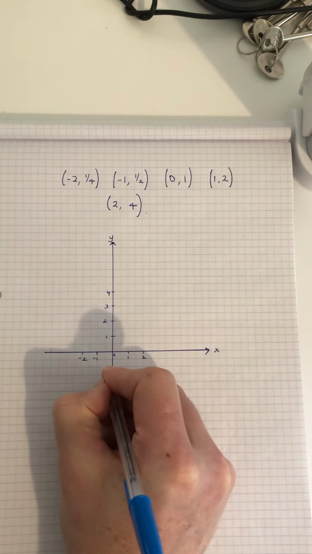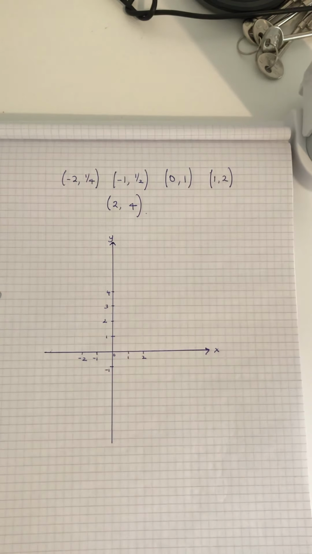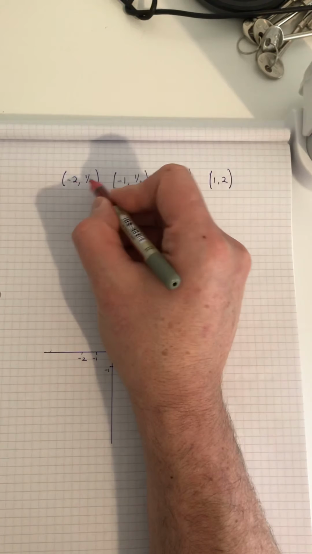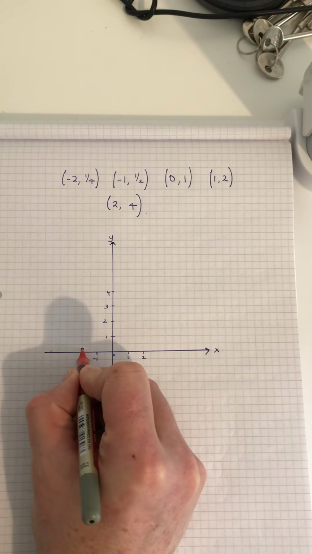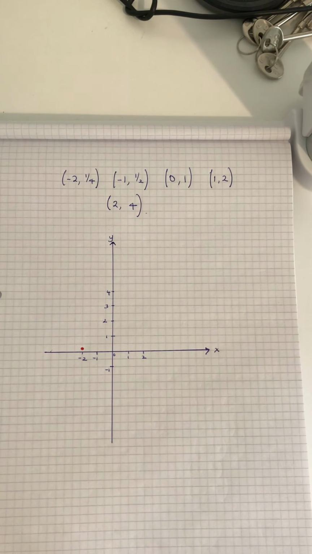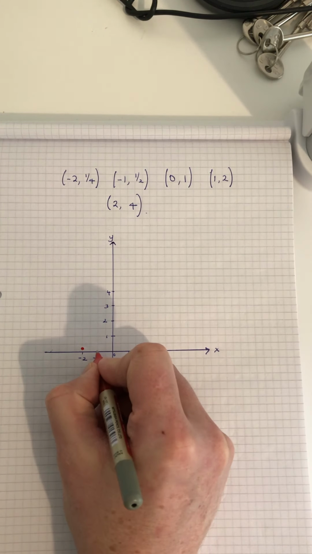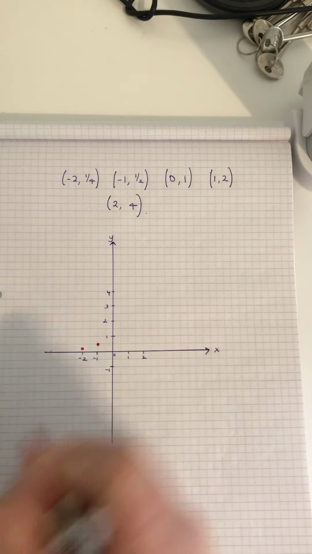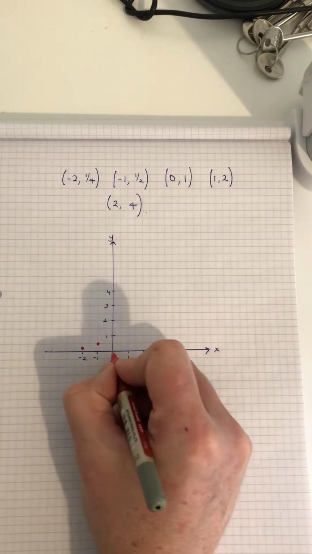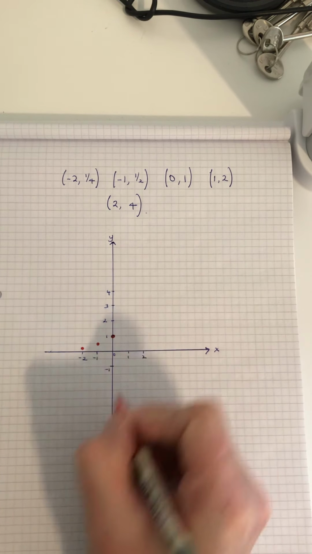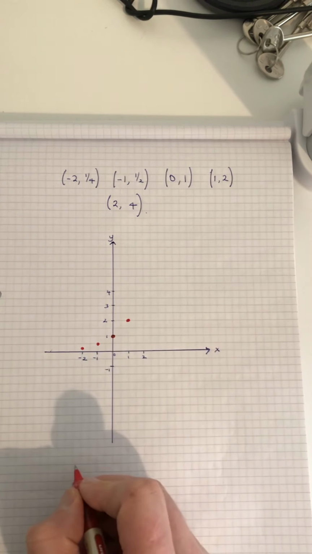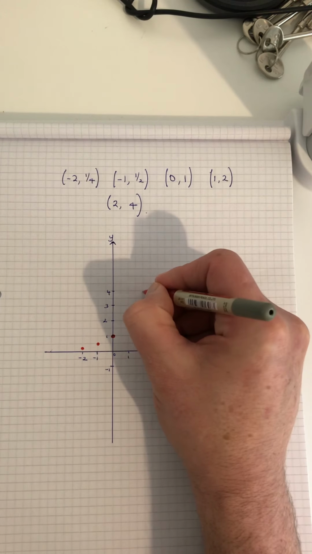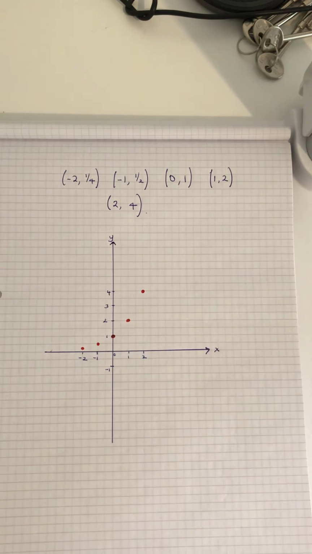So I'm giving myself a little bit more room when I go to draw the graph. Because your first point is minus 2 up to a quarter. So a quarter would be somewhere like that. Minus 1 up to a half. 0 up to 1. 1 up to 2. 2 up to 4. Okay?